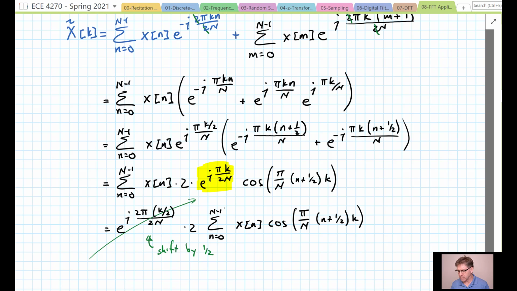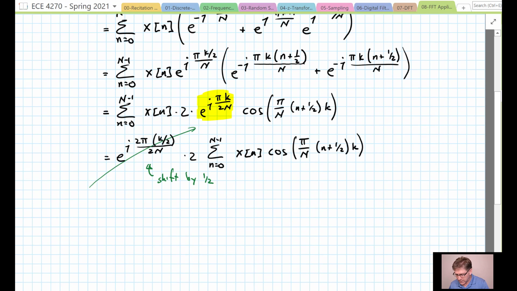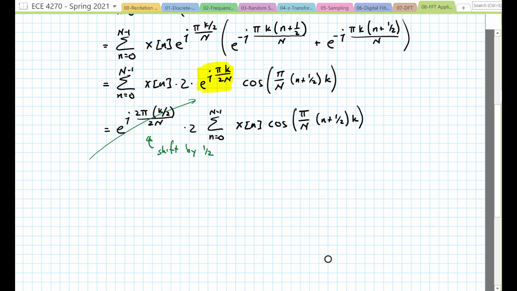And that's kind of the third way of getting at it. But the long and the short of it is, we do a little bit of magic, and we can justify it in a variety of ways. And we get rid of that little phase term out front.